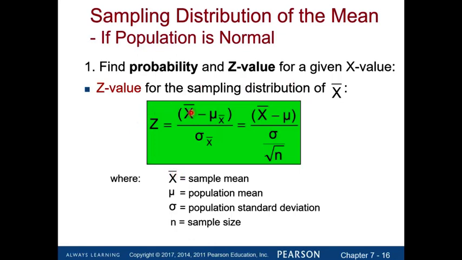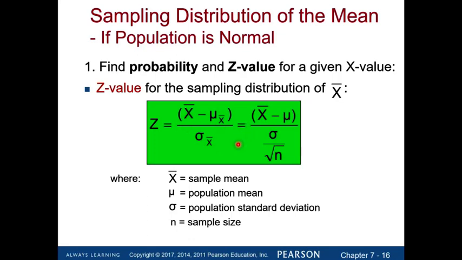In normal distribution, we have X minus mu divided by sigma. Here, X is replaced by X bar, mu is replaced by mu of X bar, and sigma is replaced by sigma of X bar. X bar represents the sample mean.